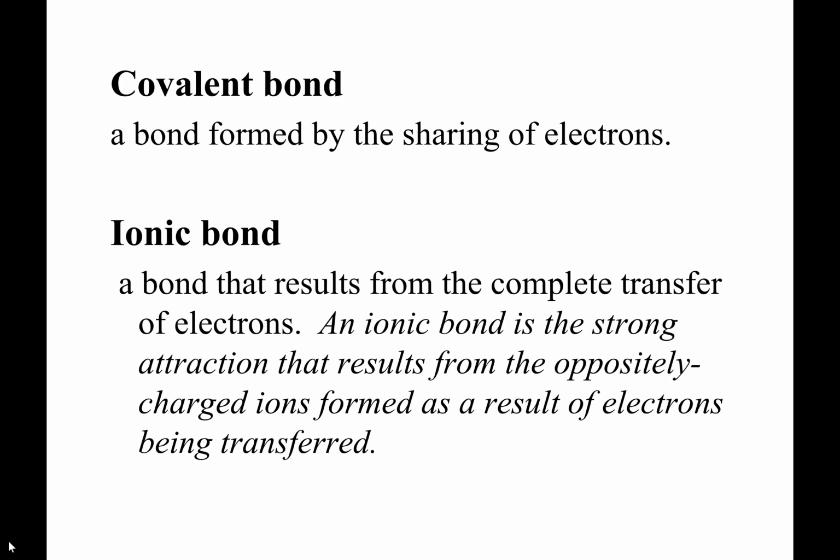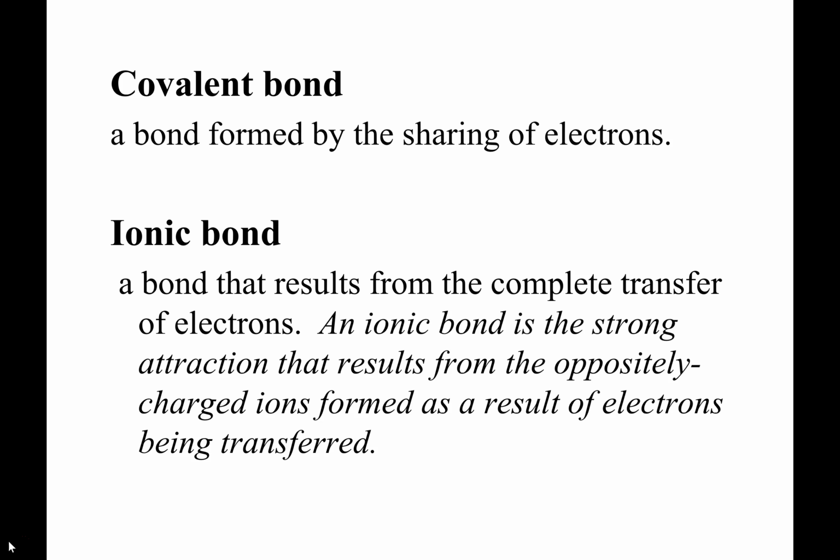I'll tell you right away that the reason the metal sodium wants to give up one electron is that if you find sodium on the periodic table, it's just one electron past a rare gas configuration. The rare gas configuration, instead of 11 electrons, would be 10 electrons. So in losing one electron, it becomes a +1 charge, and its nucleus is the same. It still has 11 protons, but now it only has 10 electrons. Now it has the electron configuration as if it were neon. And that's why sodium does that.